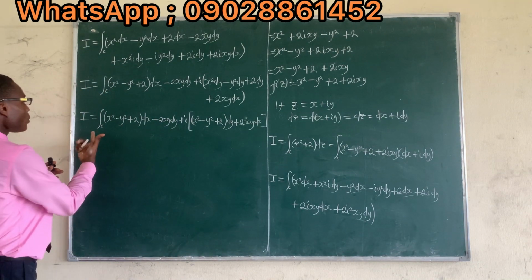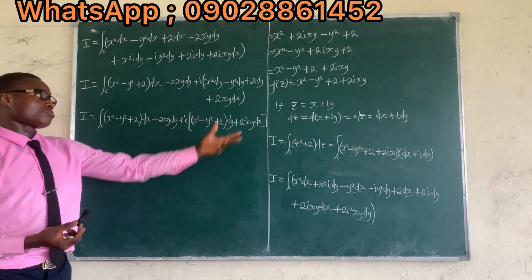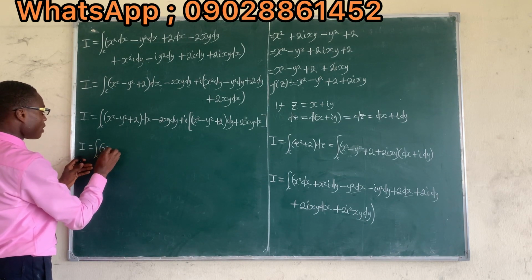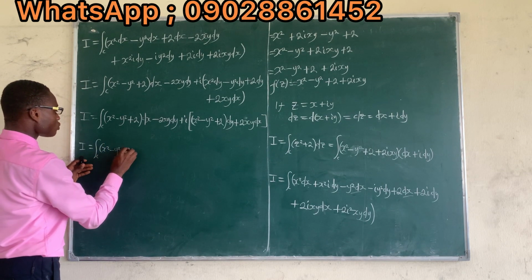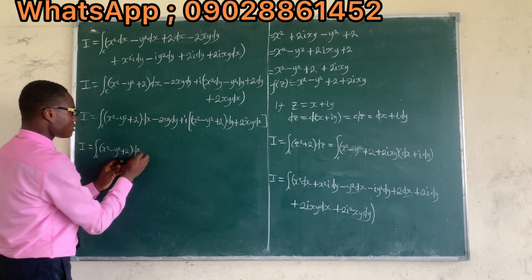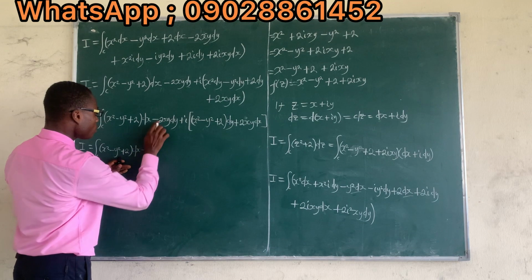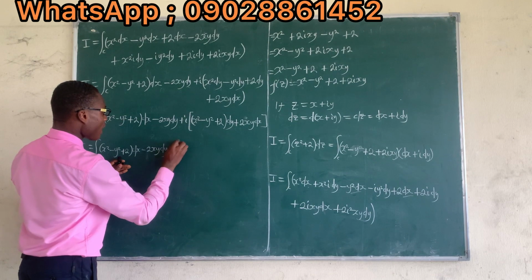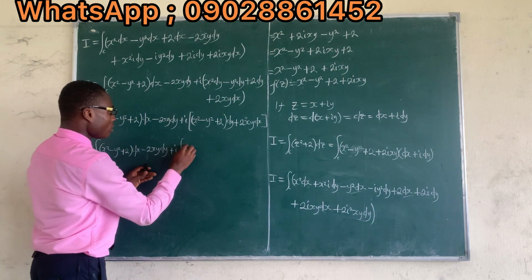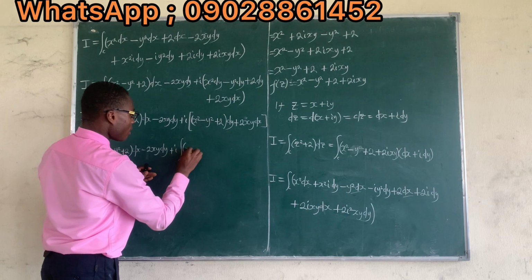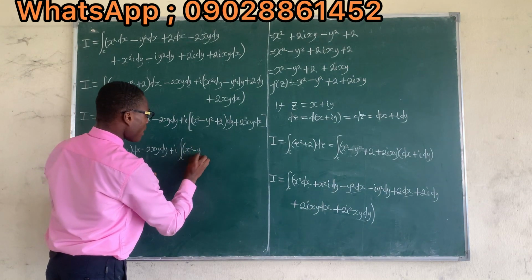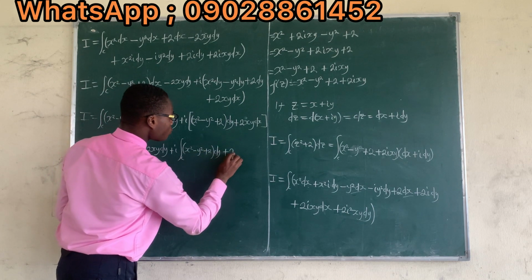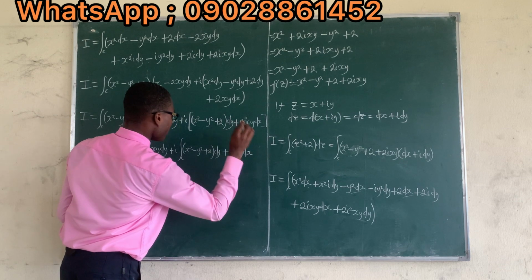So remember, we can distribute this integral also. So we are going to have I equal to the integral over C of (x squared minus y squared plus 2) dx minus 2xy dy, plus i times the integral over C of (x squared minus y squared plus 2) dy plus 2xy dx.